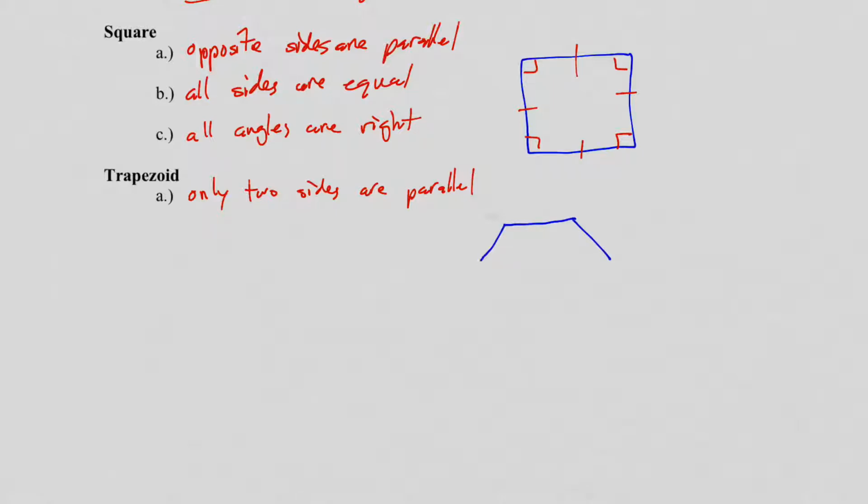The typical one has the top side shorter than the bottom side, but they are parallel. Okay. Or I can draw one of the angles, two of the angles to be right angles, and still you have a trapezoid.